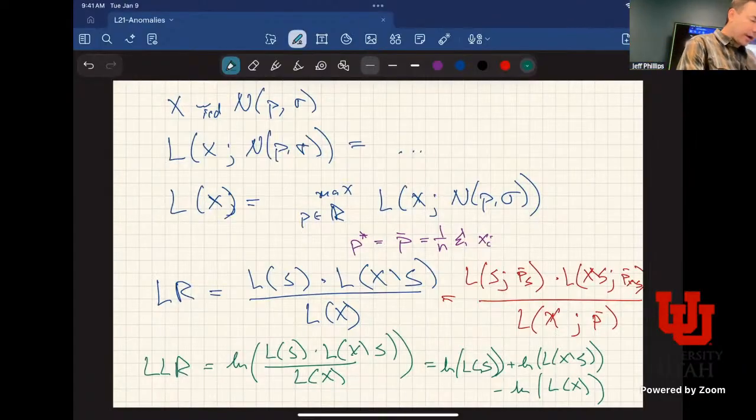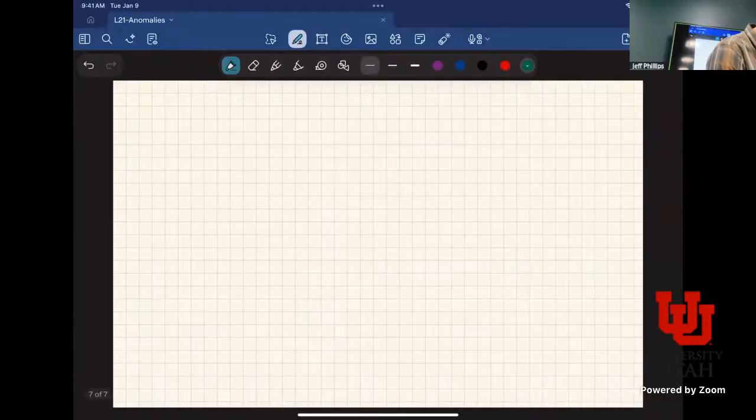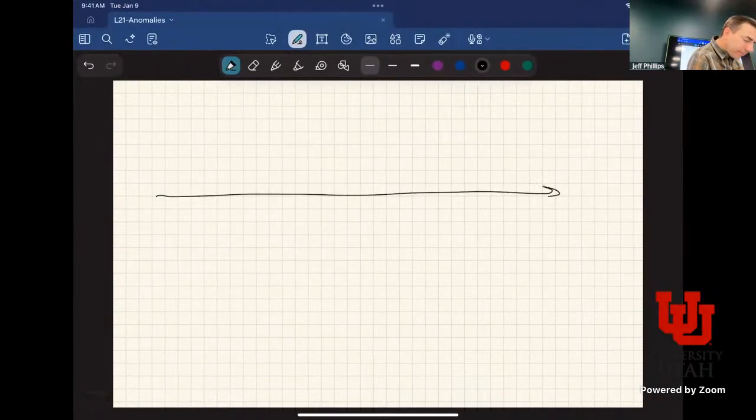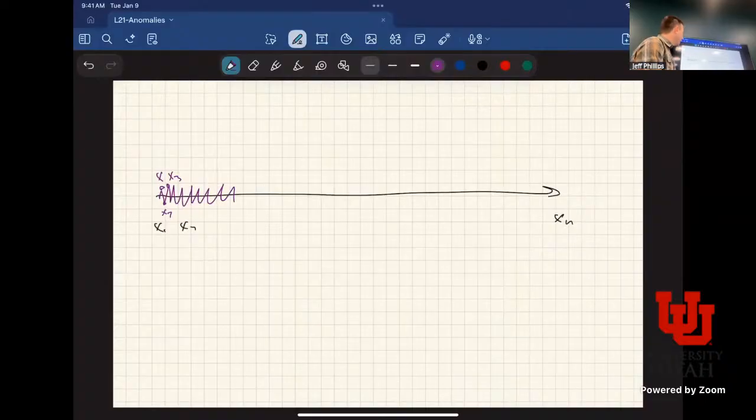Okay, so let's draw a picture now. So we're going to assume that we have data, where this is x1, x2, up to xn. And we assume this data is going to come on a line here.